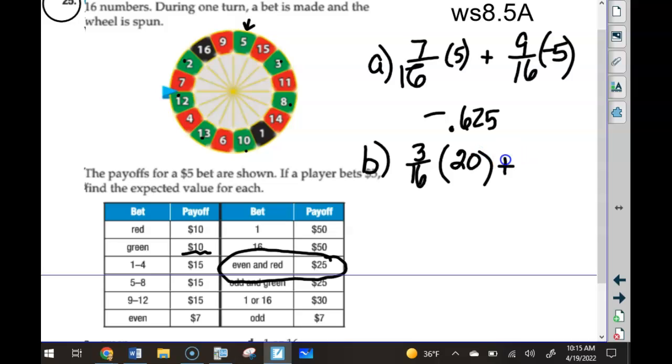So the other, how many are losers? 13 out of 16 people would lose negative 5. So 3 out of 16 would clear $20, but 13 out of 16 would lose 5, negative 5. So negative 0.3125 or 31-cent average loss, that bet.